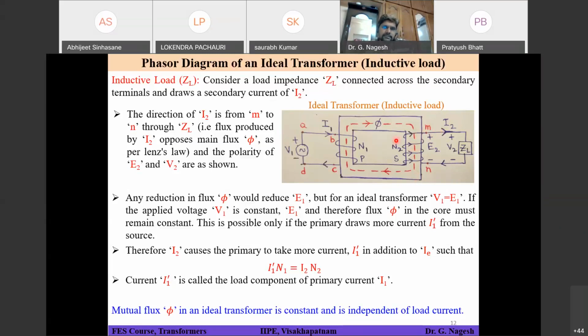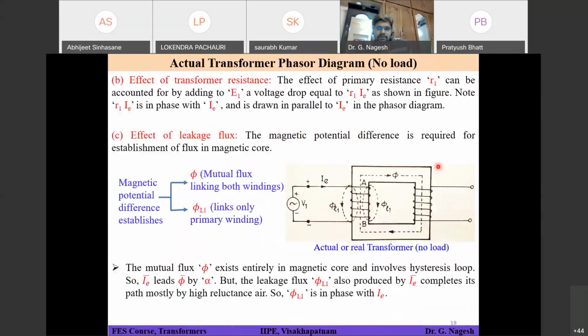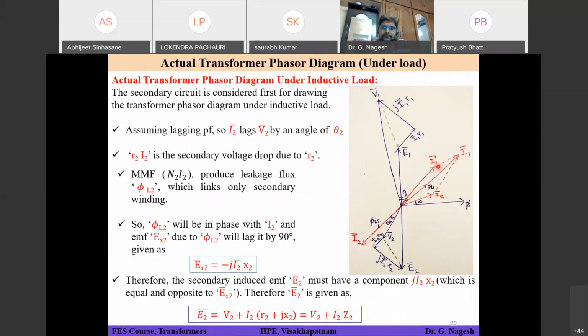It comes into existence because of the leakage flux which is circulating within the air in this path, so we are trying to bring it in terms of an electrical parameter. That's why x2 has come into the picture, and x2 is called the secondary leakage reactance. So J into I2 into x2 will be the drop in the direction of secondary current I2. You are getting it?